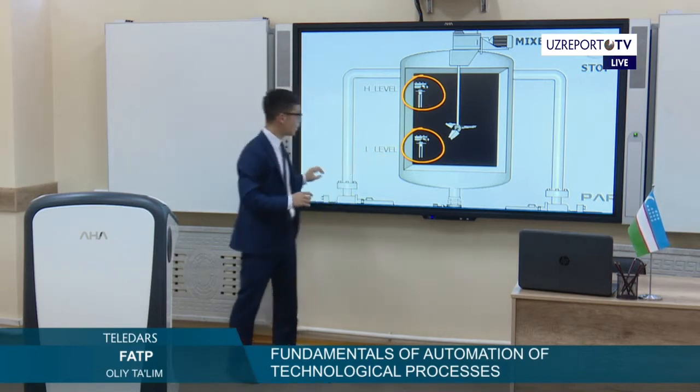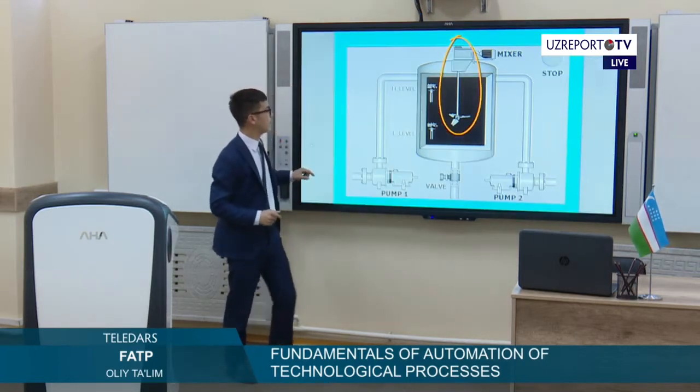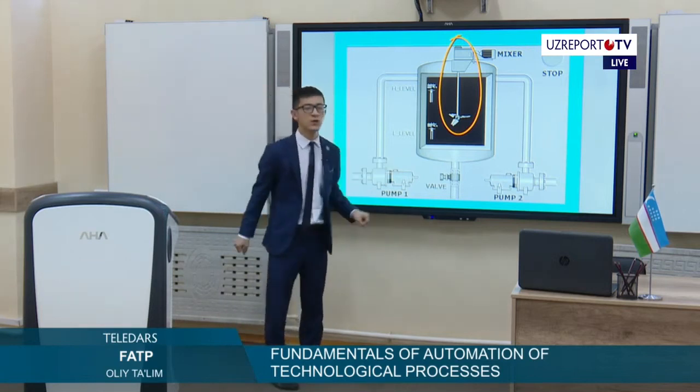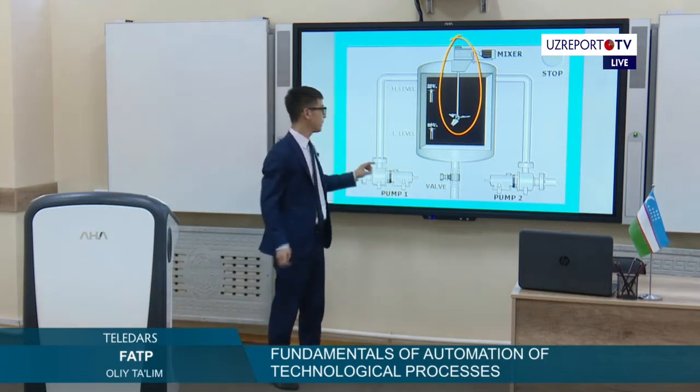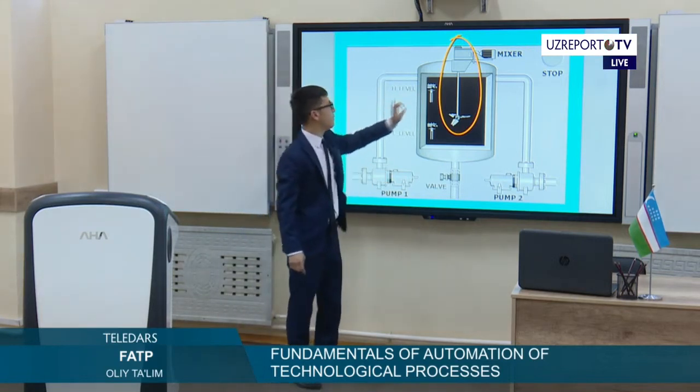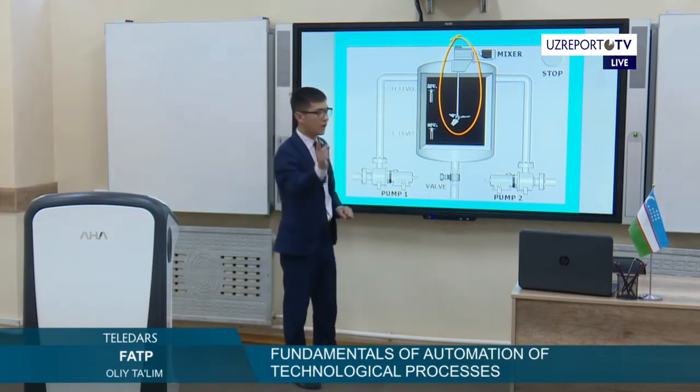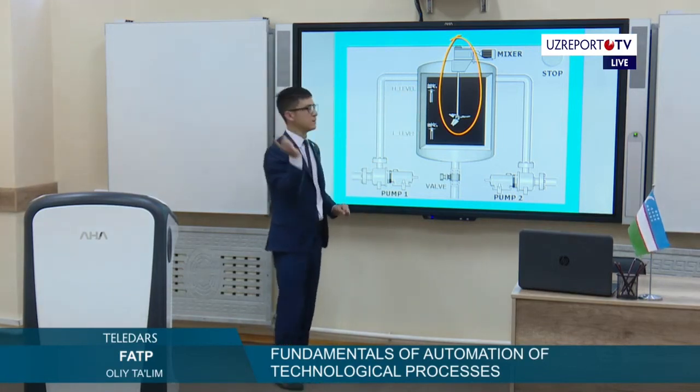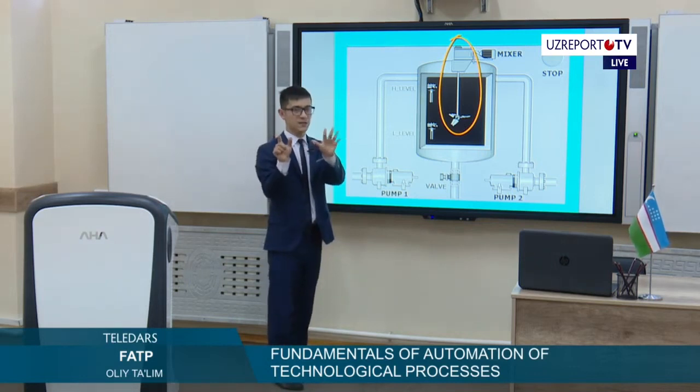If we have a low level, pumps will switch off. If we have a high level, the mixer will start to work, and it will rotate and mix for 7 seconds, and then switch off.